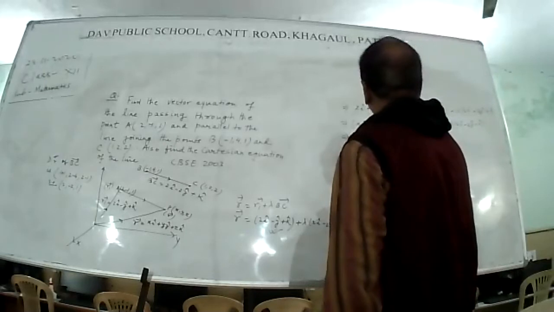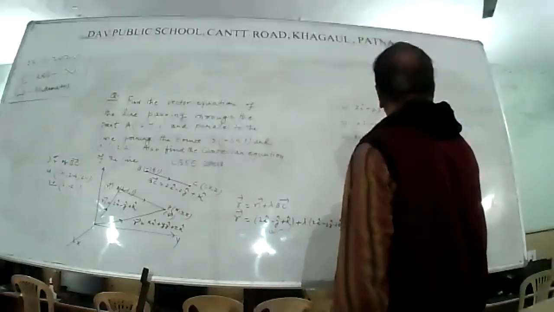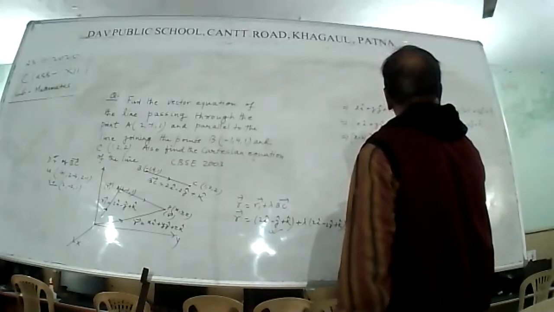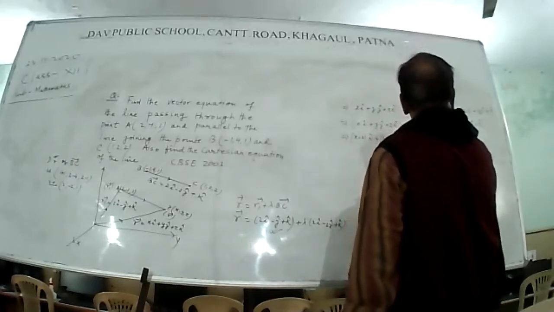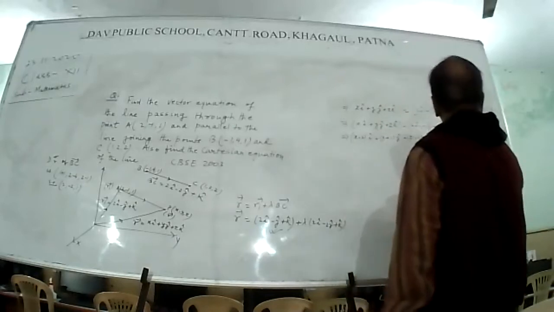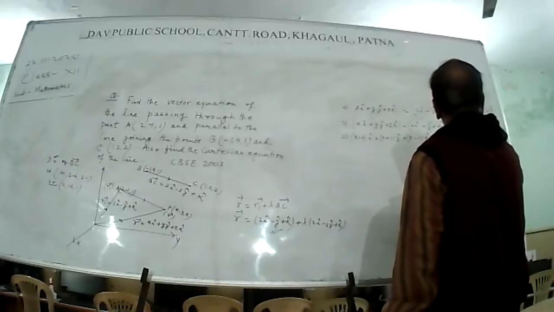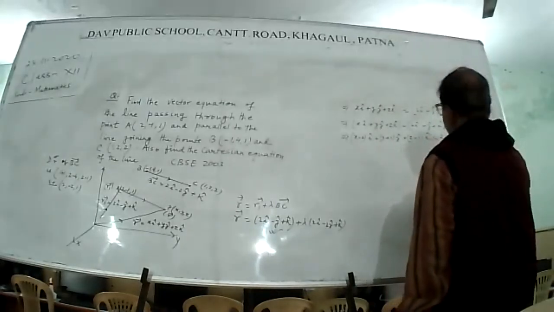This implies (x minus 2) i unit vector plus (y plus 1) j unit vector plus (z minus 1) k unit vector is equal to 2 lambda i unit vector minus 2 lambda j unit vector plus lambda k unit vector.